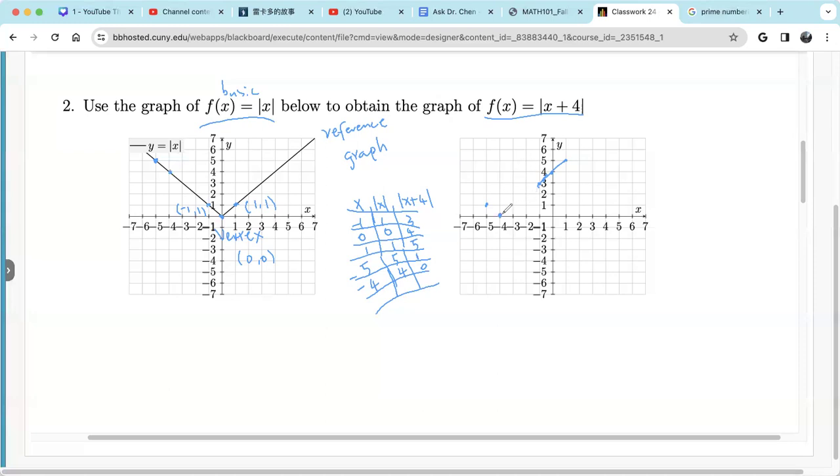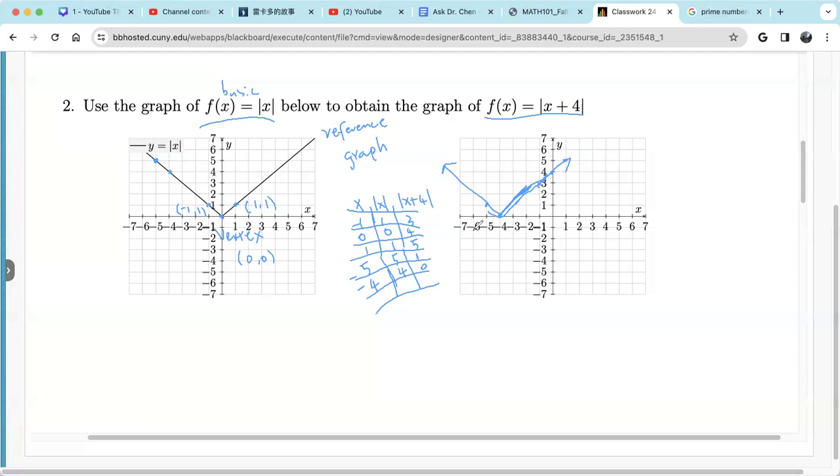Now we have 2 sides, each a straight line. So the V shape is here.